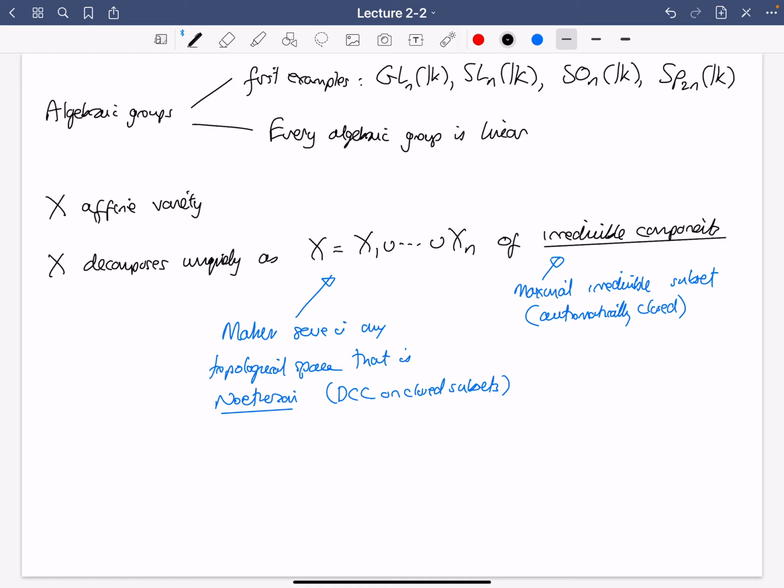For an affine variety, the Zariski topology on the set X is a Noetherian topology. That just follows from the Nullstellensatz, because the closed sets correspond to radical ideals, and the coordinate algebra is Noetherian. That means it has the ascending chain condition on ideals. I'm not going to prove those things, but we're in business here. Although I prefer to prove this using point set topology style arguments, you can also say this in terms of the coordinate algebra.